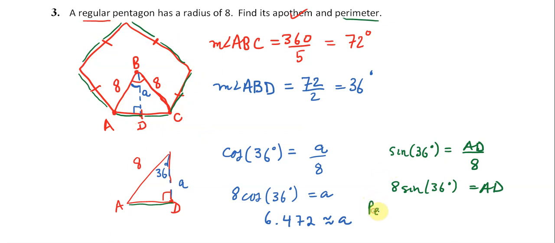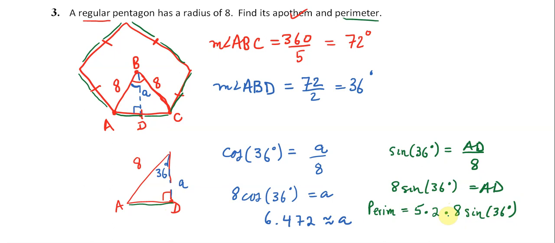So we can set it up this way. Okay, the perimeter is equal to 5 because that's the number of side lengths there are in the entire pentagon, times 2 because for each of these side lengths you have 2 of the small green lengths that we just found here, times the length of the small pieces, 8 sine of 36 degrees.